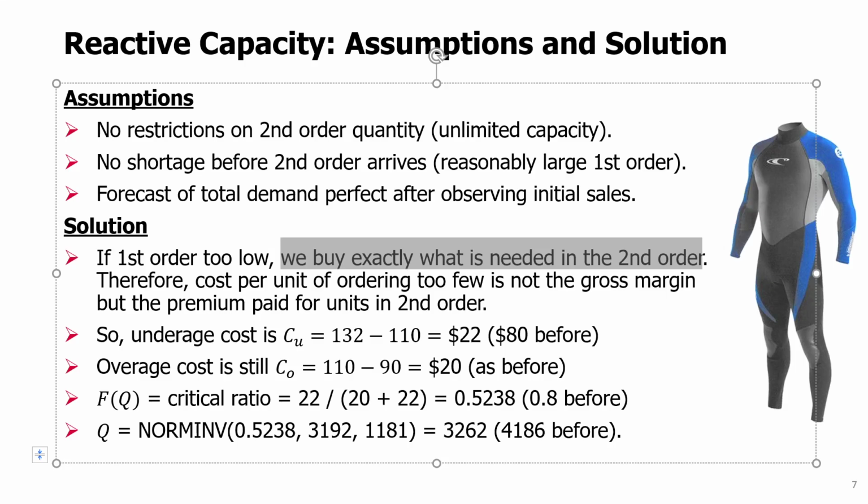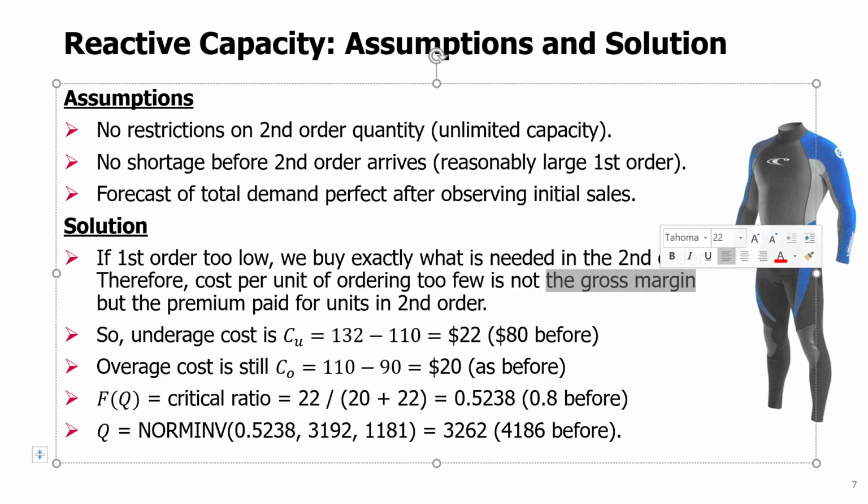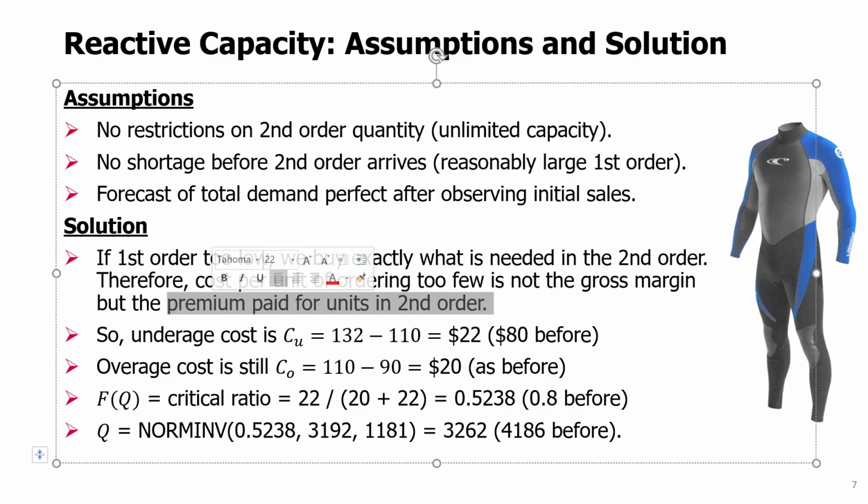So the cost per unit of ordering too few units, that is, ordering in the first order opportunity, is not going to be a lost sale, so lost profit from the units that we wouldn't sell in this case, but it will be the premium that we pay, the extra cost that we pay in the second order.